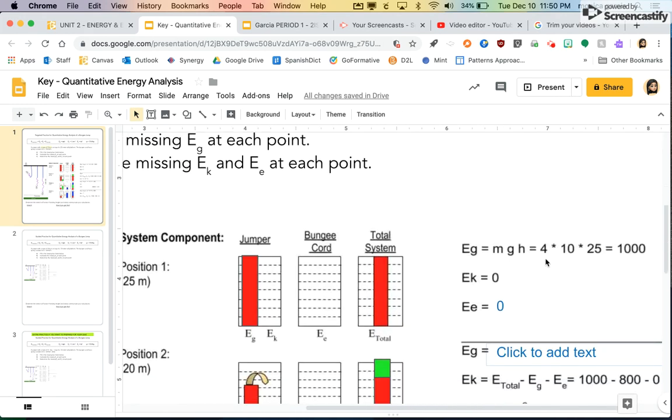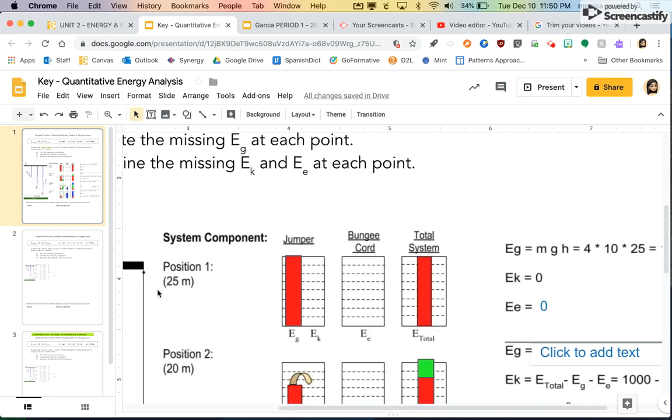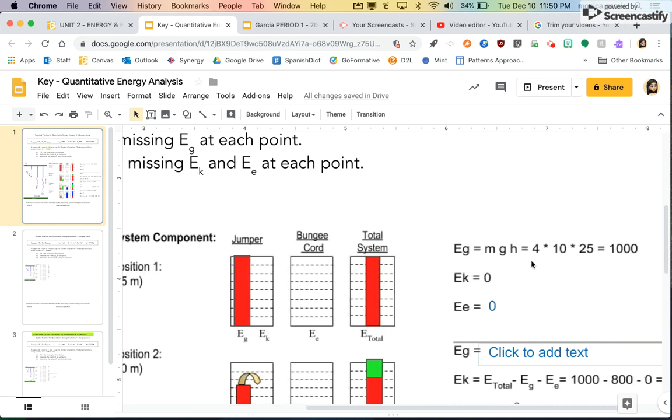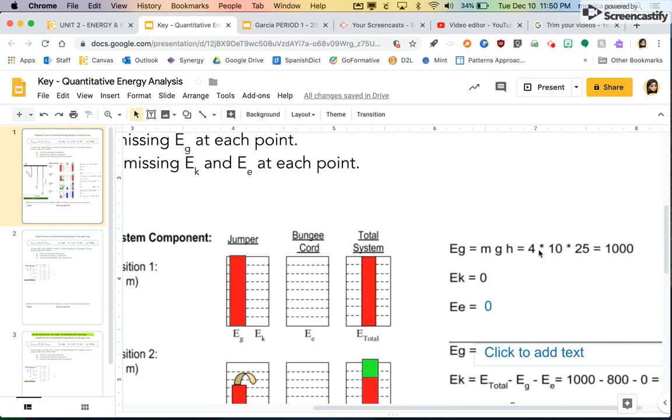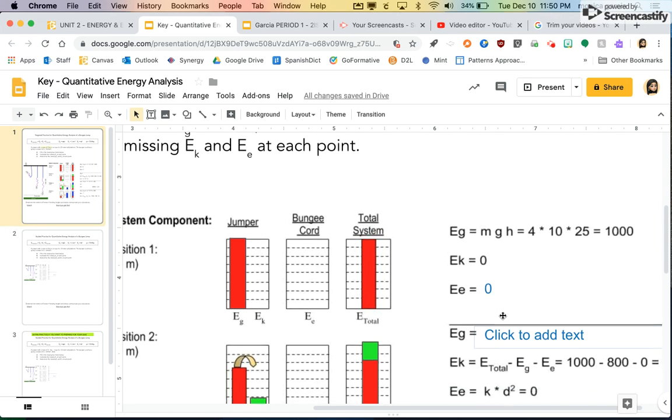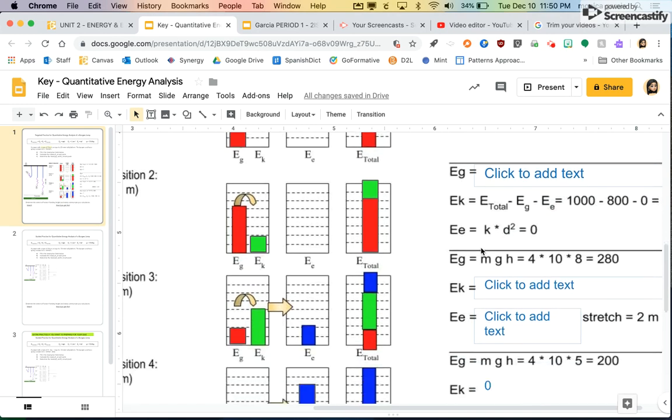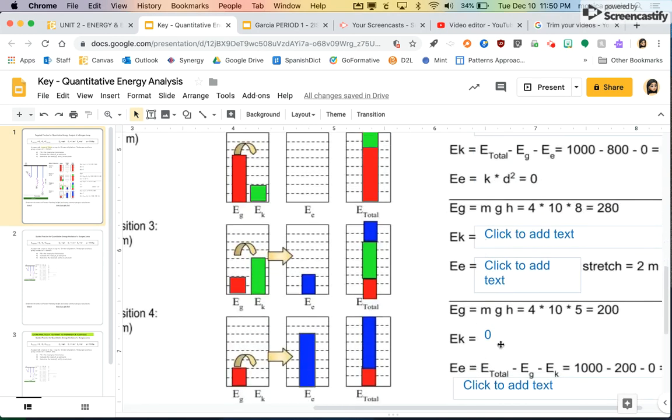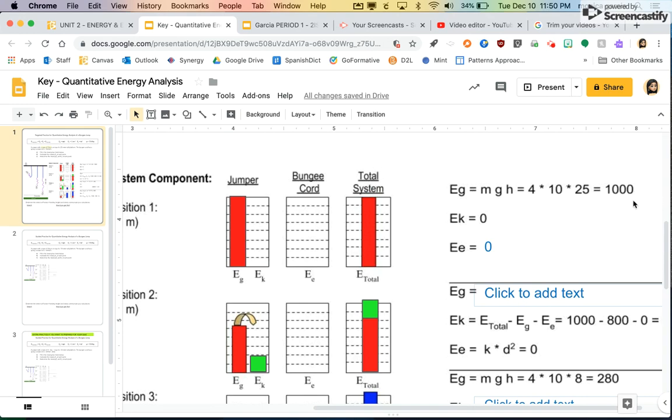So mass 4 times gravity 10 times the starting height, which it tells us right here is 25. So 4 times 10 is 40, times 25 is 1,000. So since we start with 1,000 joules of energy, remember joules is the unit for energy, if we start off with 1,000 at position 1, we need to make sure that every single position also adds up to 1,000.